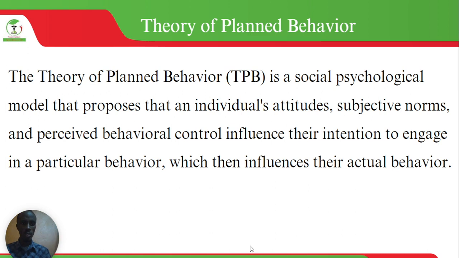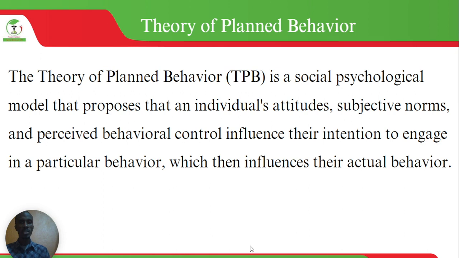So let's look at theory of planned behavior. The social psychological model proposes that an individual's attitudes, subjective norms, and perceived behavior control influence their intention to engage in a particular behavior, which then influences their actual behavior.